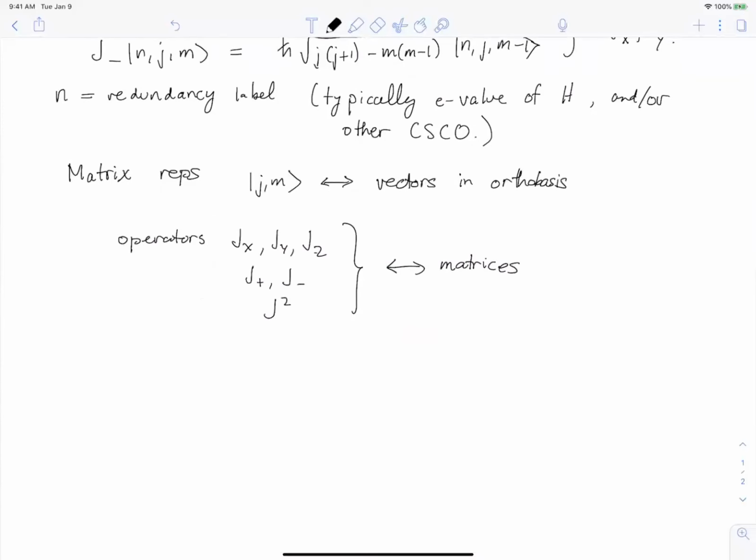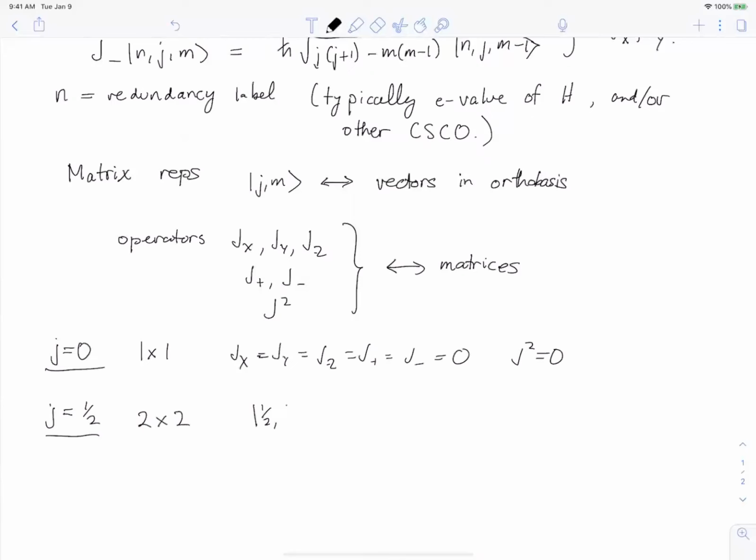And so last time we'd worked out the first two ones. There's J equals 0, which is a 1 by 1 matrix where everything is all zeros. So Jx, Jy, Jz, J plus, J minus, these are all 0. J squared is 0. Then there was the J equals 1/2 case, the spin 1/2 case, where everything is a 2 by 2 matrix. And then the vectors in the Hilbert space, there I'm writing it in JM notation, but I can write it as an up arrow.